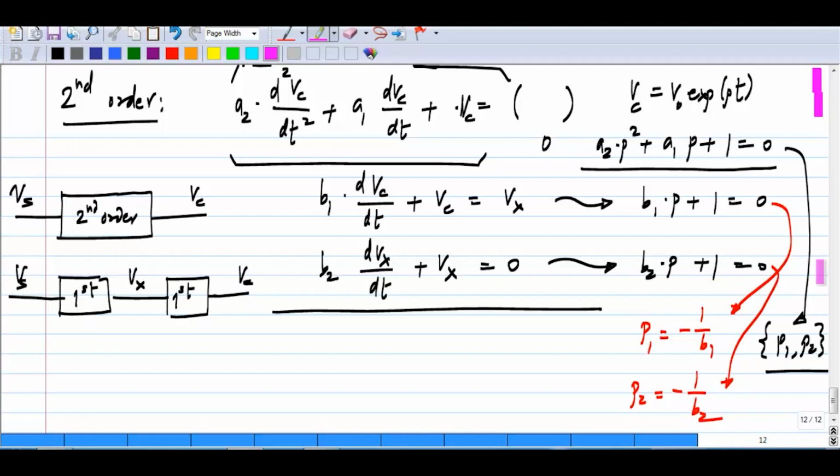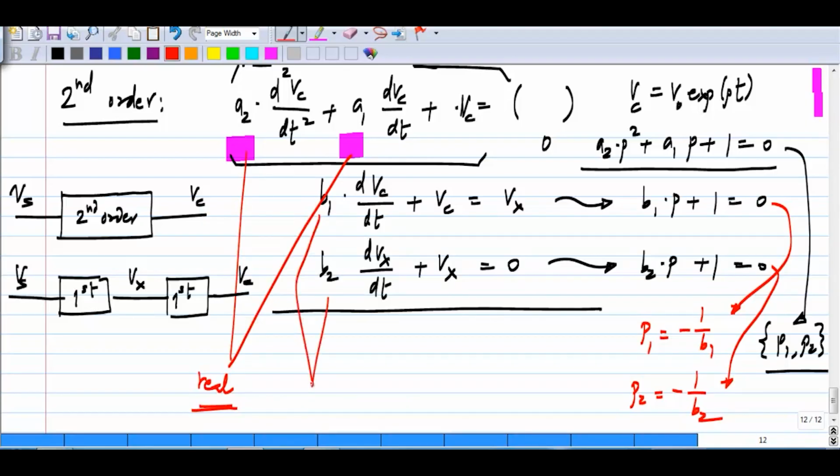Now if you combine these two into the second order differential equation, you have to get exactly the same coefficients. In a circuit with real components, these coefficients will be real. But these two need not be real because this Vx refers to some fictitious output which is not really accessible.